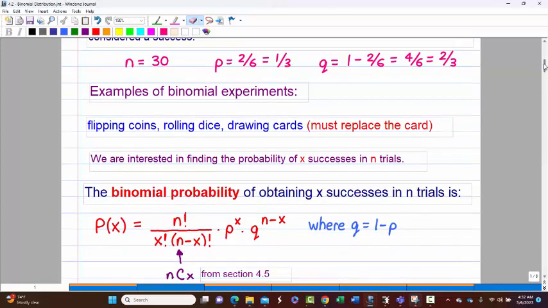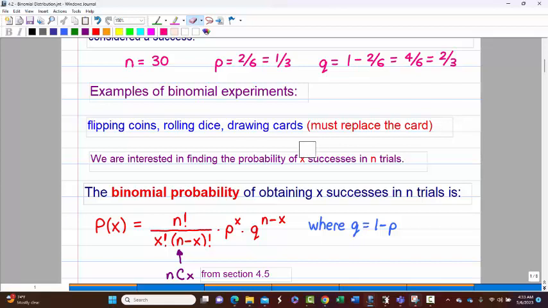Now here are some binomial experiments: flipping coins, rolling dice. A lot of times the problem will say, even if you're not sure, just assume the conditions of a binomial experiment are met. So sometimes we do take liberties with things a little bit. Drawing cards can only be considered binomial if you replace the card, because if you didn't, the probability of your next event would be affected by the event before.